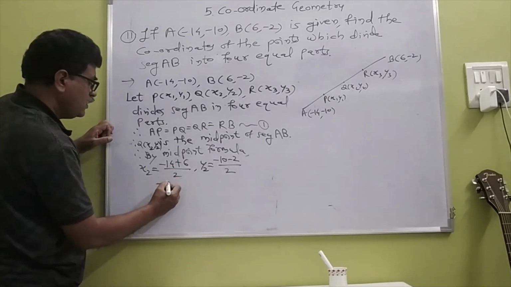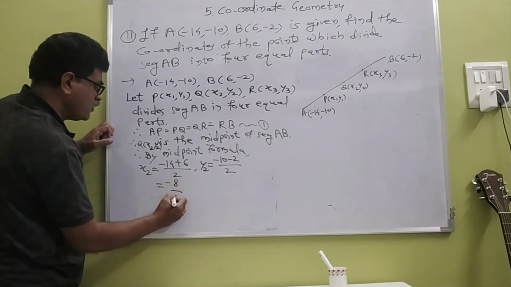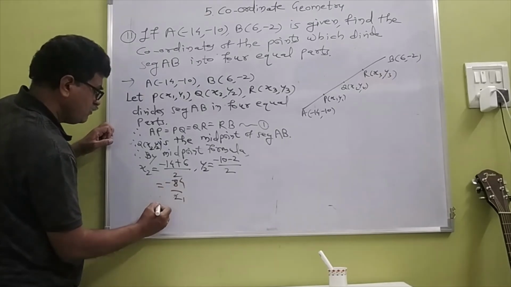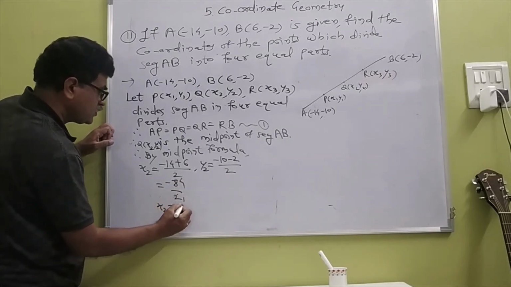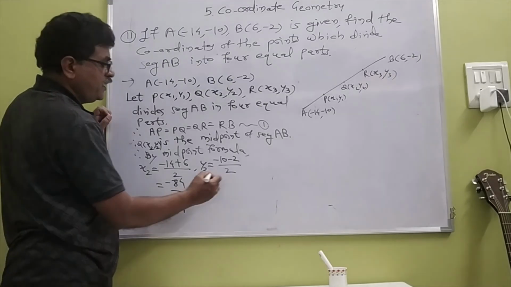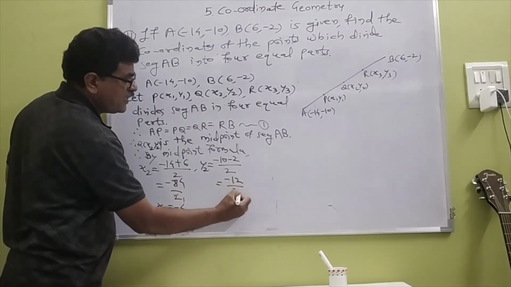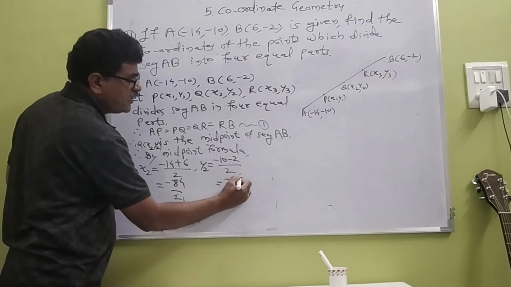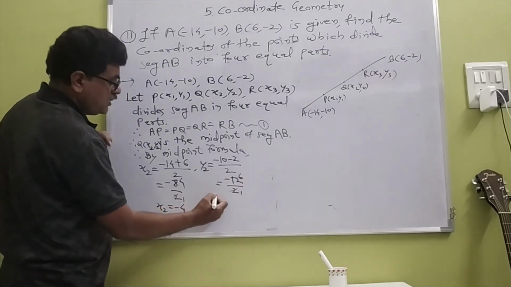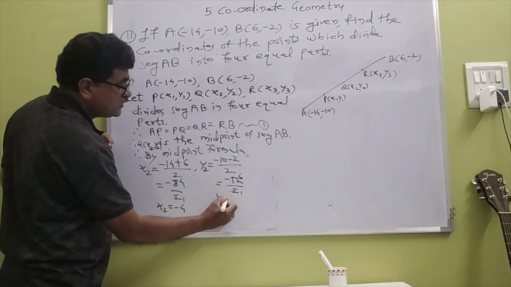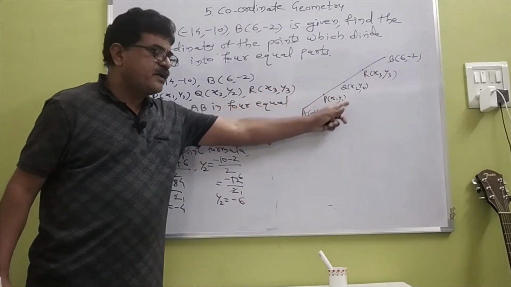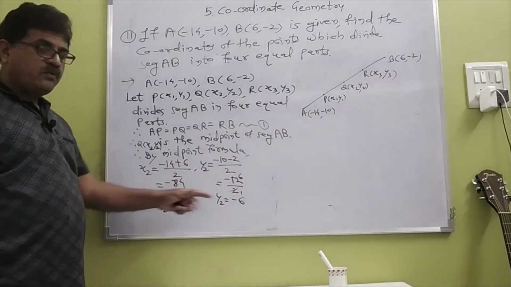Minus 8 divided by 2, dividing by 2, minus 4. x2 is equal to minus 4. Here minus 10 minus 2 is minus 12, divided by 2, minus 6. Therefore, y2 is equal to minus 6. Coordinates of point Q are minus 4, minus 6.